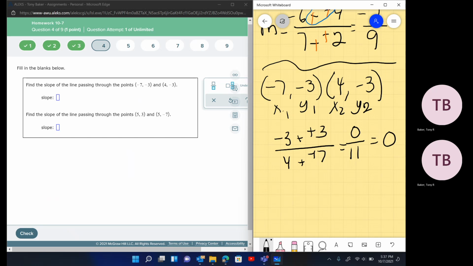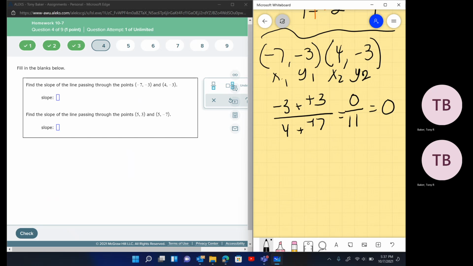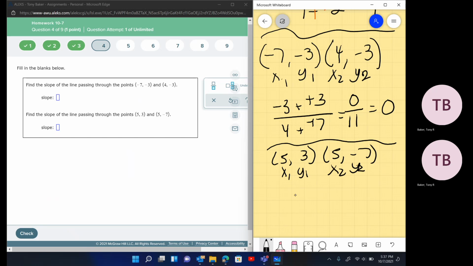And the next one, I have (5, 3) and (5, -7). So x1, y1, x2, y2. So I've got -7 minus 3 over 5 minus 5. So I got -10 over 0, which is undefined.